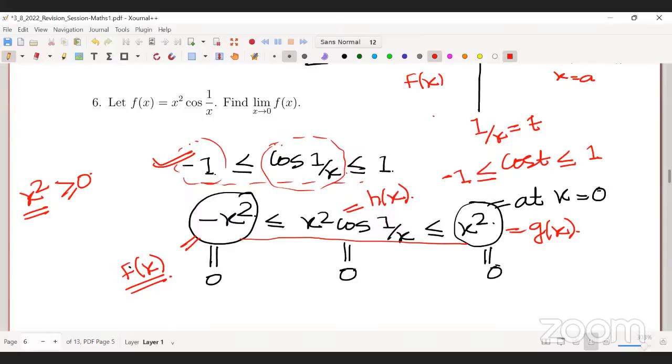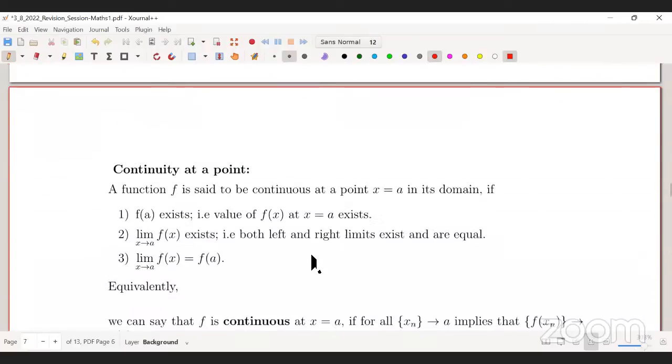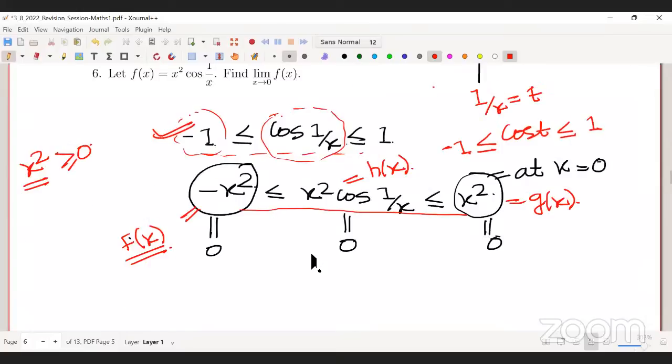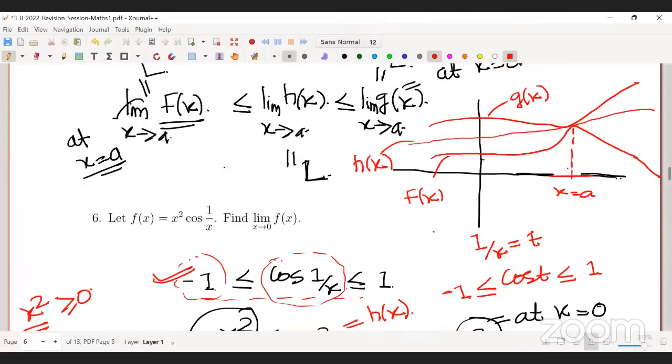Okay, can we directly put the value of x? No, you can't, because cos 1 by 0 doesn't exist. If you put x equal to 0, you will get 0 into cos 1 by 0, and 1 by 0 doesn't exist.